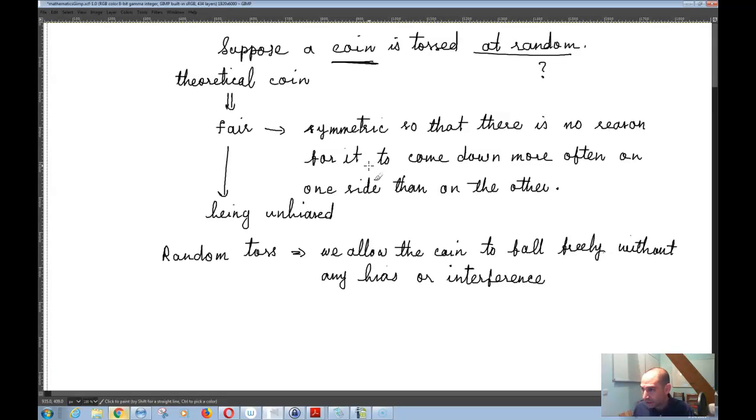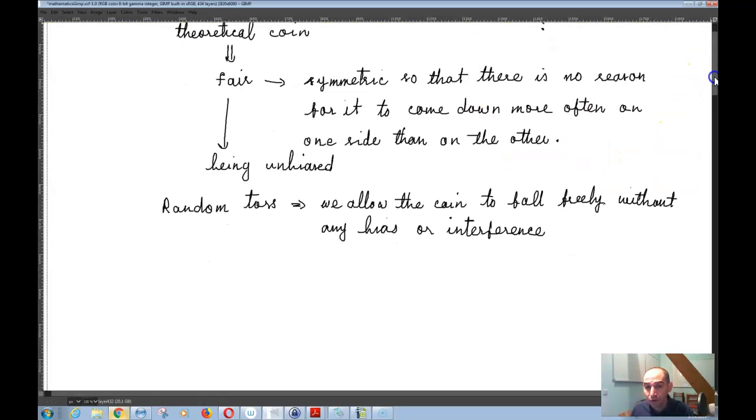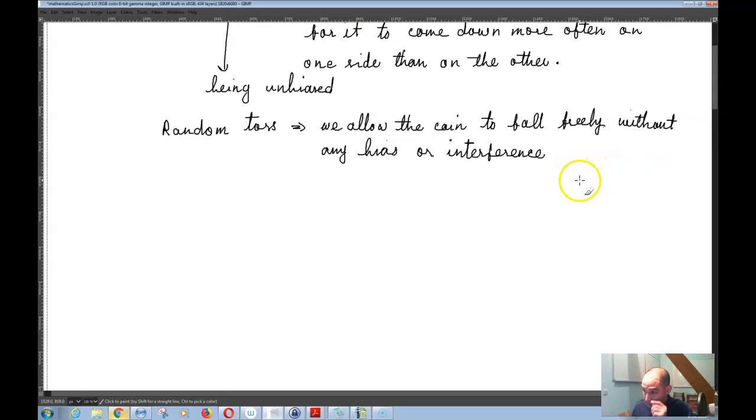And these two sentences are important. We need to try to understand the meaning of them in different contexts, but again, I repeat them. We can reasonably assume that each outcome, heads or tails, is as likely to occur as the other.